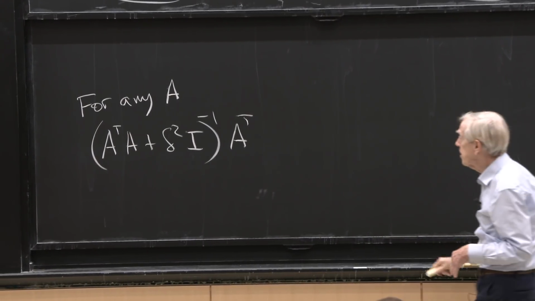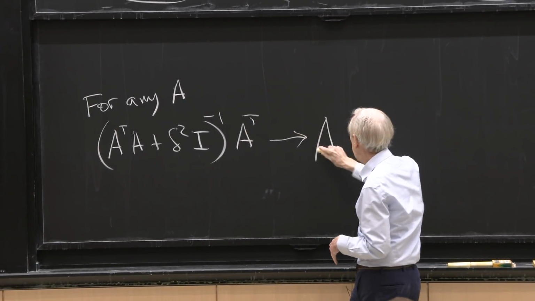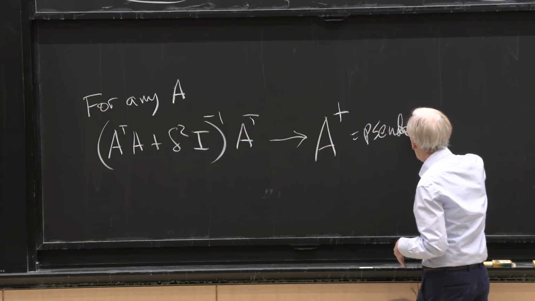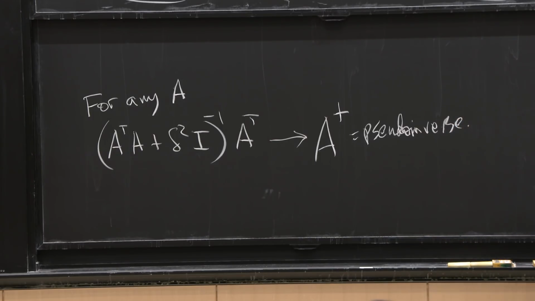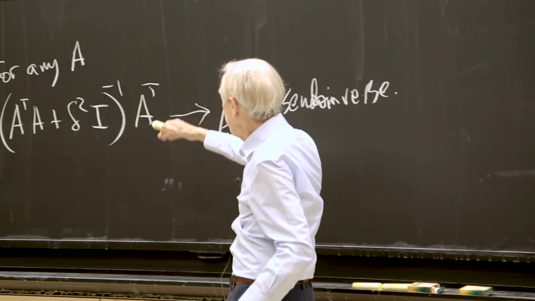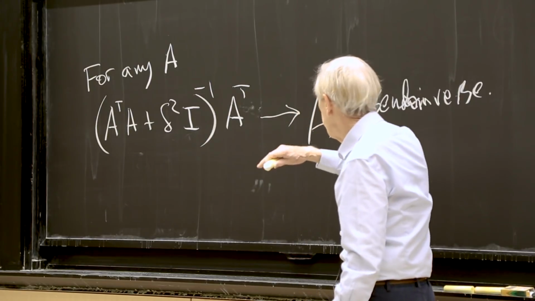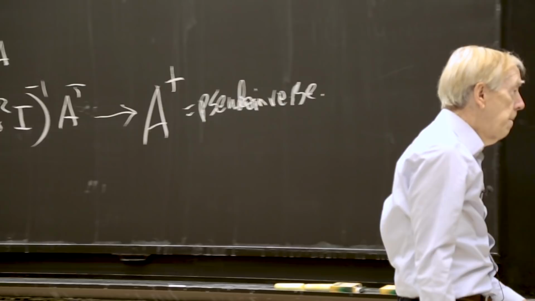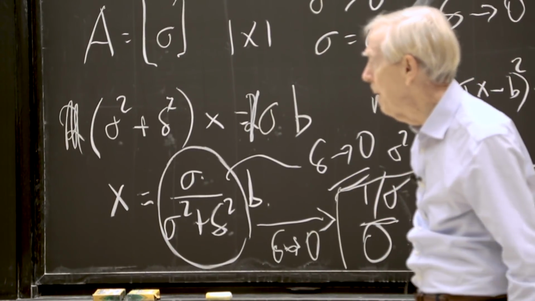That approaches A plus, the pseudo-inverse. And that's what we just checked for 1 by 1. For 1 by 1, this was sigma over sigma squared plus delta squared, and it went either to 1 over sigma or to 0. It split in the limit.